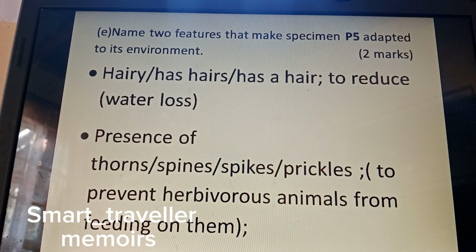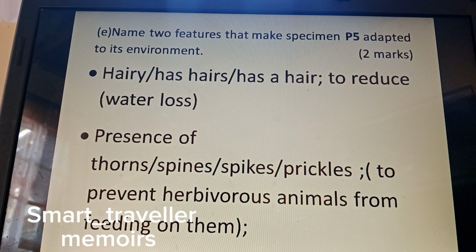Question 3E. Name two features that make specimen P5 adapted to its environment. 1. It is hairy, to reduce water loss. It has hairs or it has hair. Any, you can say anything there and you get a mark.